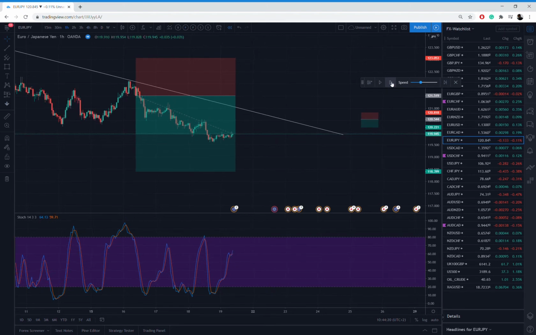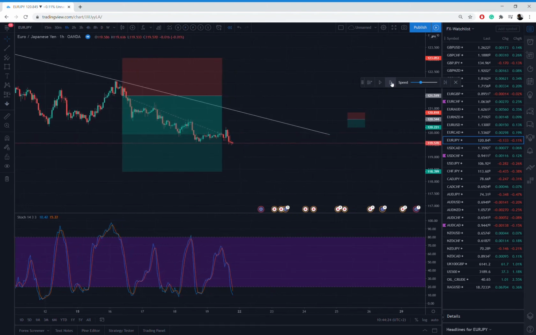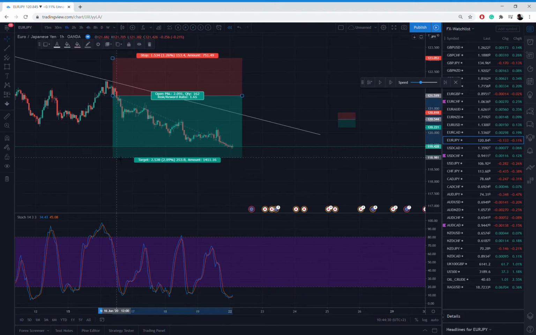I never use it as an exit signal. I only use it mainly for entry. But you can see it's quite good. If you are patient and let the trade work, theoretically you could take the profit, because you already took at least the one risk that you put in this trade.